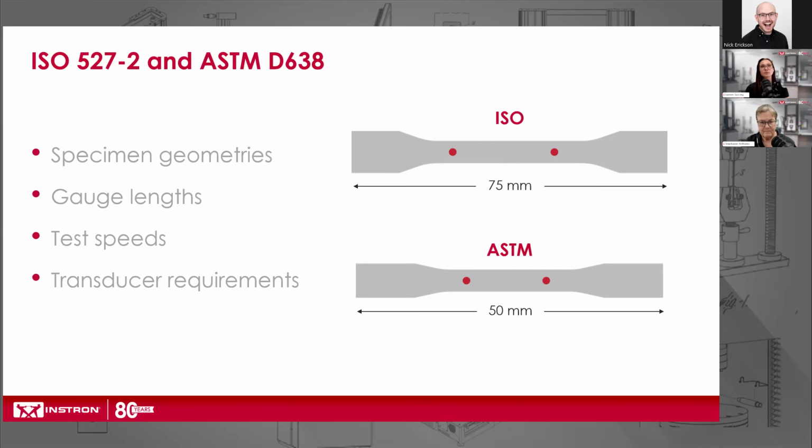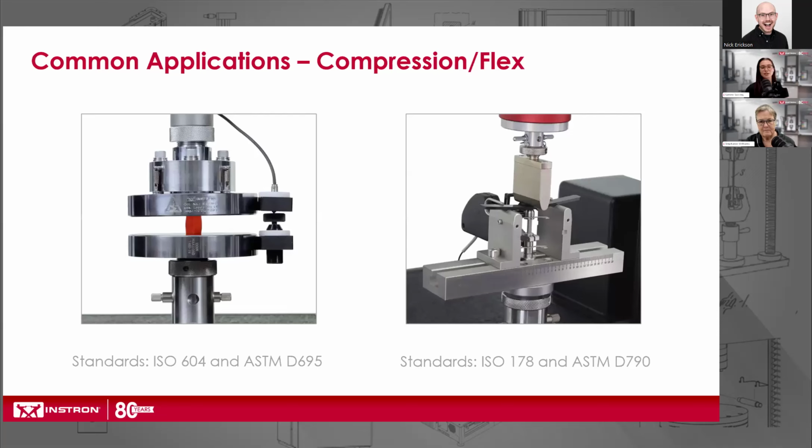So just like the tension test, a load cell is required for both compression and flexural tests, and it is required to have a higher capacity load cell than what your material is going to be experiencing.